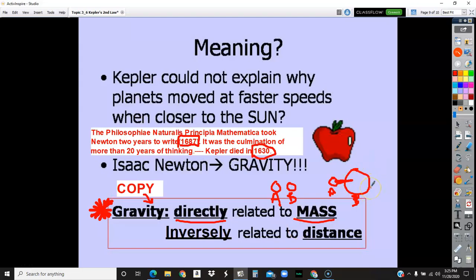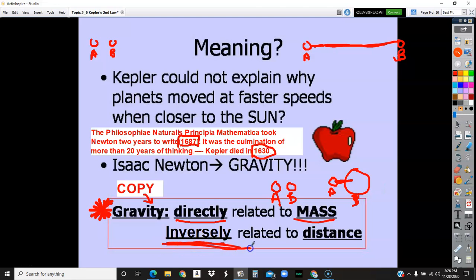Now let's say I have two planets, A and B, and they're so many miles apart. There's gravity between them. But now over here, I'm going to have A and I'm going to put B way out here. So when I increase the distance, I decrease the gravity.